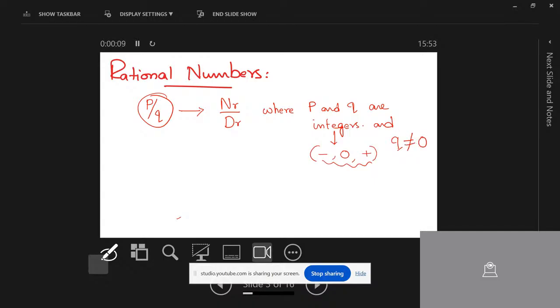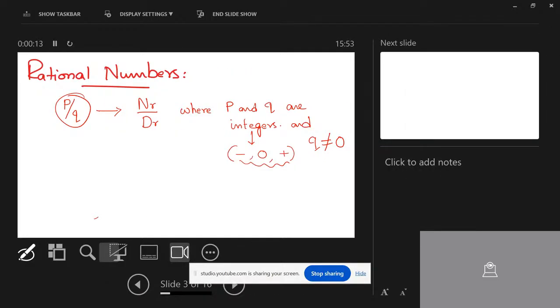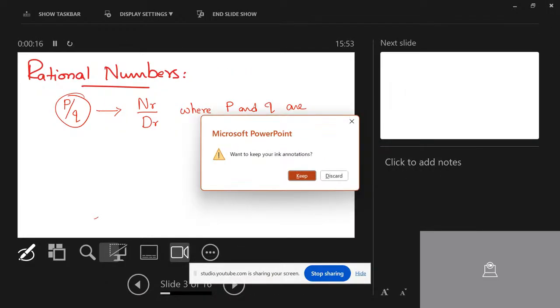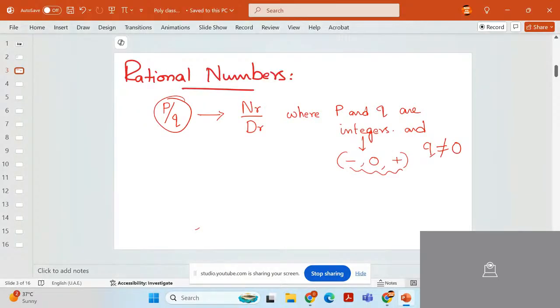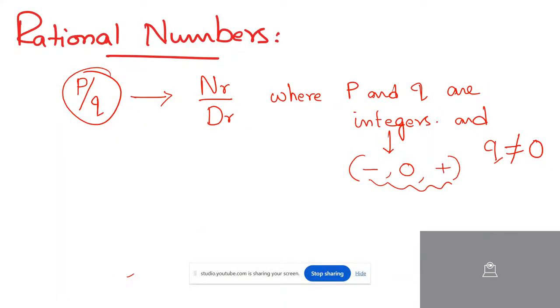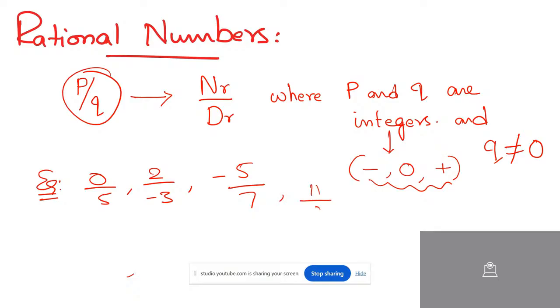What is q, my dear students? Q is the denominator. So the denominator cannot be equal to 0. You can have 0 in the numerator, but you cannot have 0 in the denominator. That means you can have 0 by 5 or 2 by minus 3 or minus 5 by 7, but you cannot have, for example, 11 by 0.